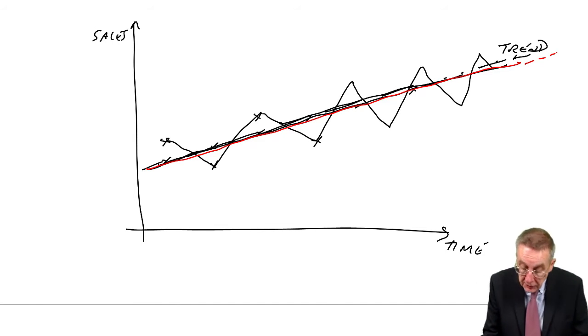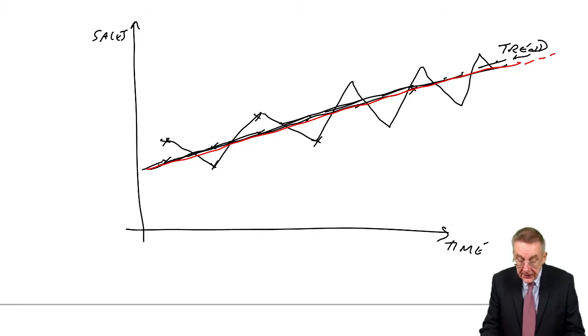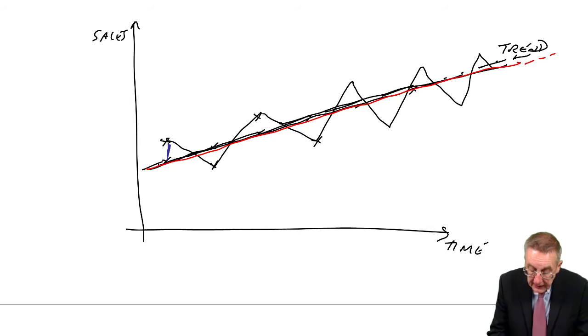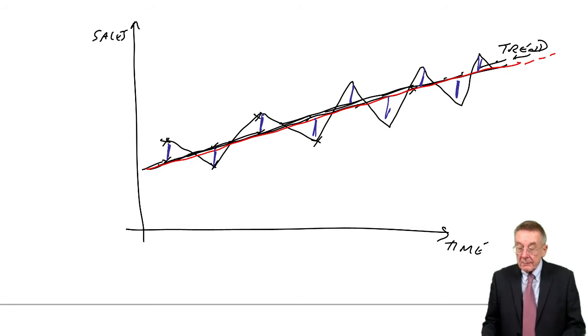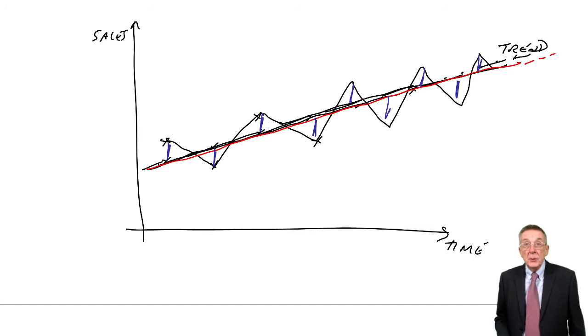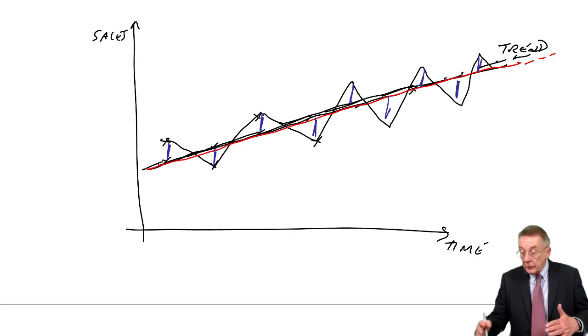But we're also going to try and measure what we call the seasonal variations. Some quarters it's always up on average. Other quarters it's always down on average. And if we want to use this for forecasting into the future, well, if the trend is reasonably smooth, we could forecast that.